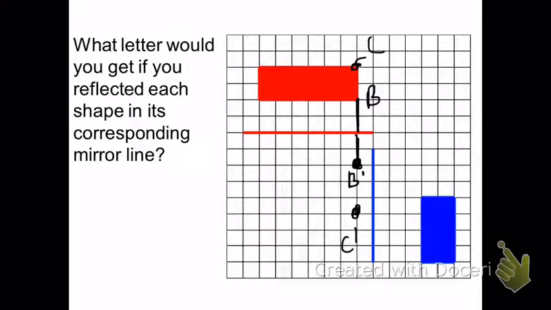So if we do that for the blue, of course we have to count to our mirror line. This one would be 3 away, so we have to count 3 away over here as well.